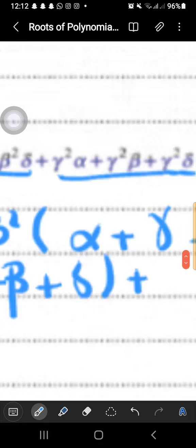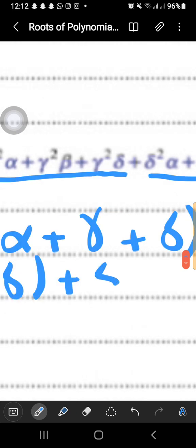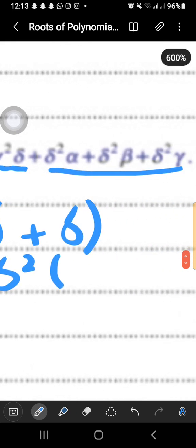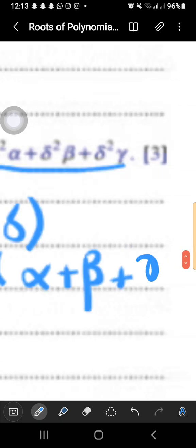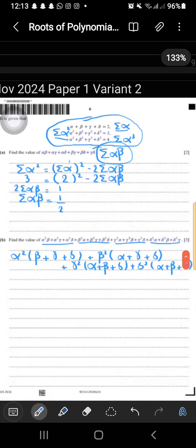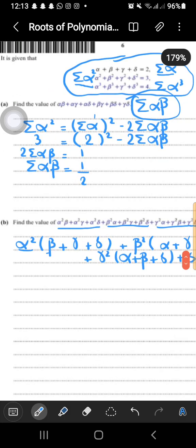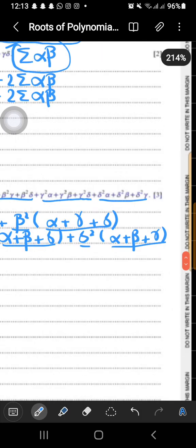Then I will take delta square common, alpha plus beta plus gamma. The thing which is out of the bracket can't be inside the bracket. There is no alpha inside the alpha bracket, no beta inside the beta bracket, no gamma inside the gamma bracket, and no delta inside the delta bracket.